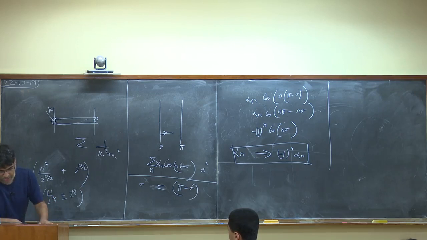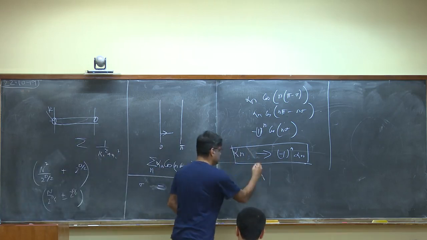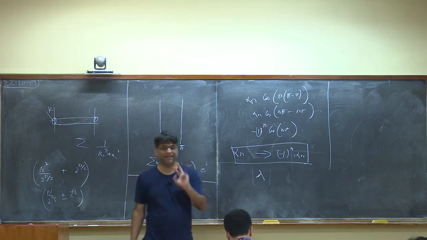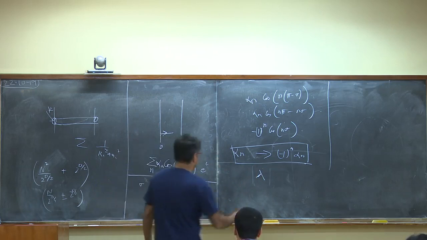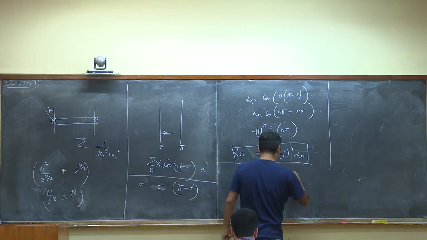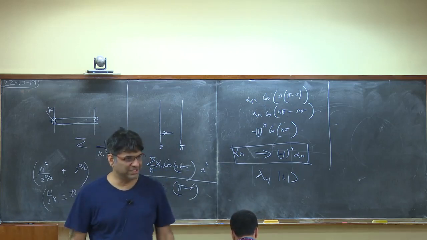So what Polchinski says is, well, clearly suppose I've got this lambda, which is the Chan-Paton matrix. So I have lambda ij as my state, summed over ij.